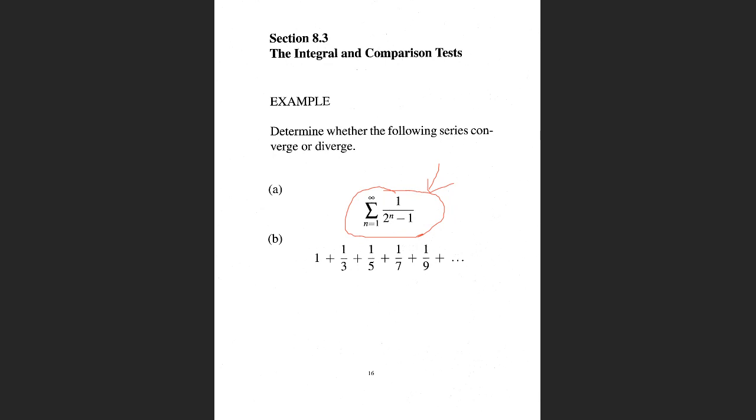The truth is the truth is the truth. So we're going to apply another test here. Let me bring up the ebook. We're going to apply another test, okay, called the limit comparison test. Let me show you what that test is.